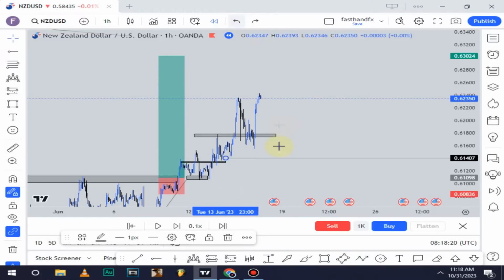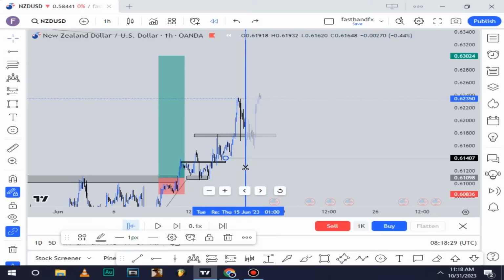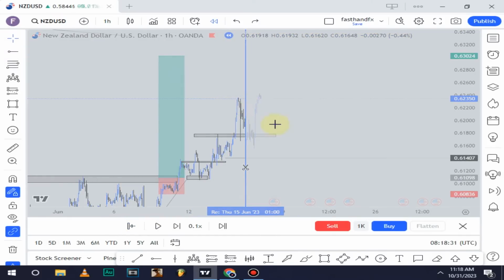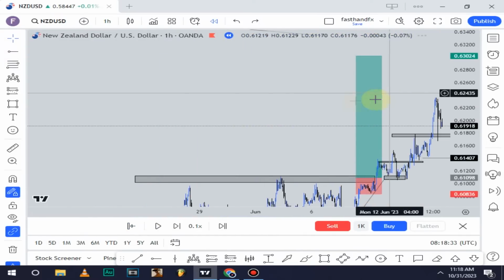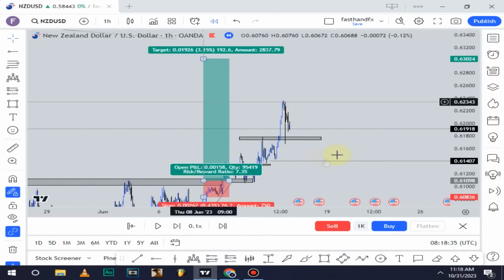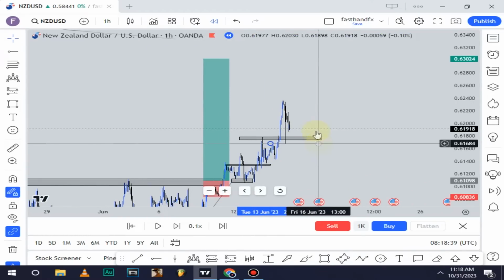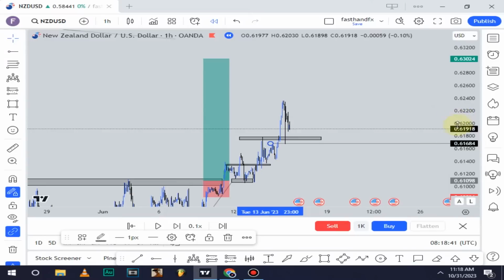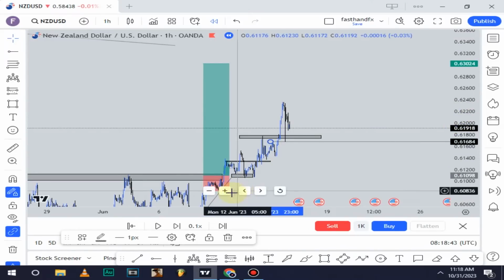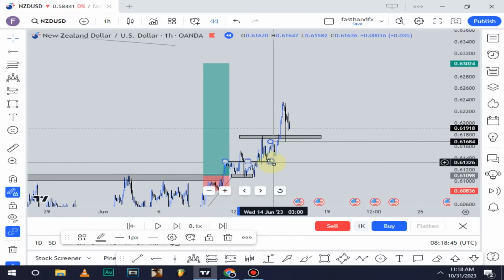The reason why I did not make my stop loss around, let me just rewind once more and show you this. Look at this, right? So look at this. The market makers are aware that most people will be making their stop loss below this support zone, right? So if I did that, I could have been stopped out, and you saw that. So I was aware that that might happen.